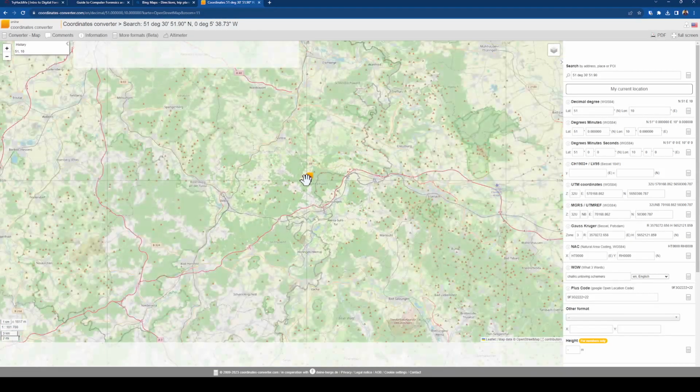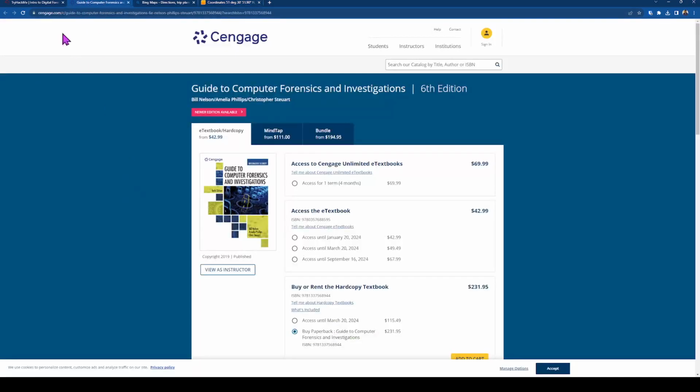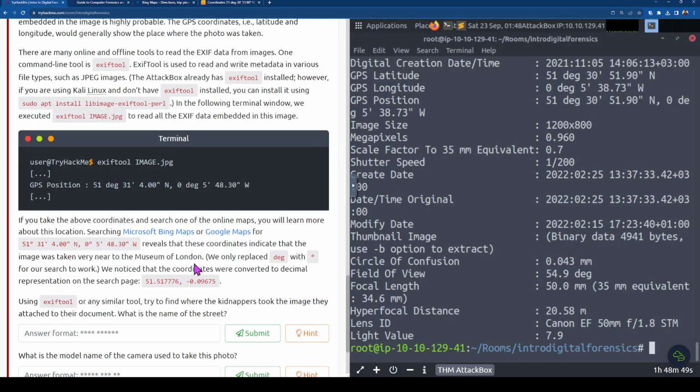Okay. Let's see. Reveals that the coordinates indicate that the image was taken very near the Museum of London.